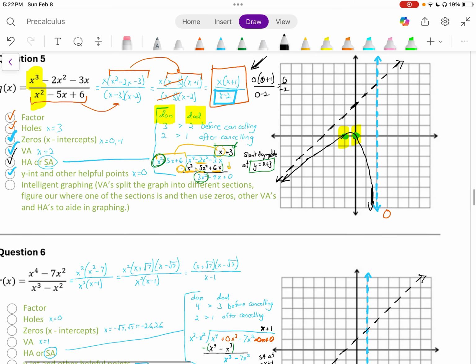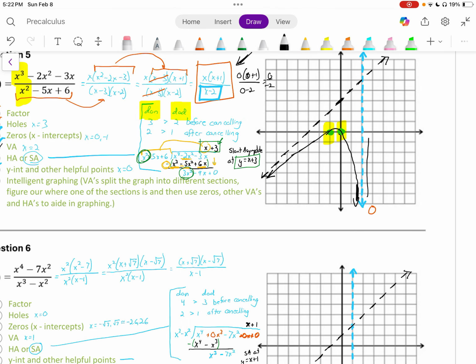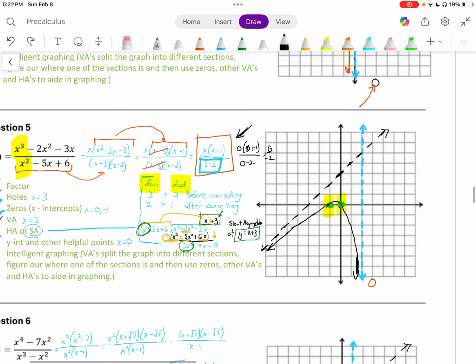And honestly, we could kind of know it's not going to be this one that I'm drawing, because that would give us an x-intercept, and there is not an x-intercept there. And so we don't have a lot of room here.